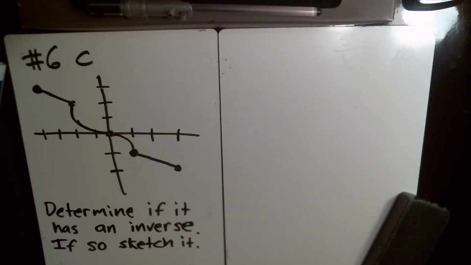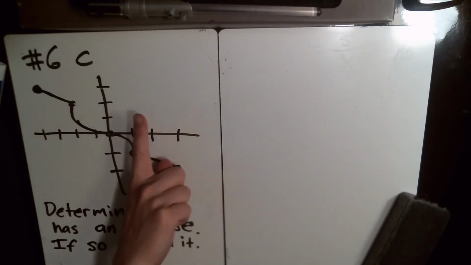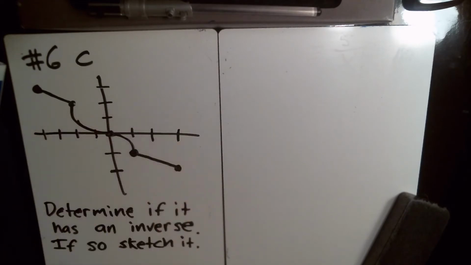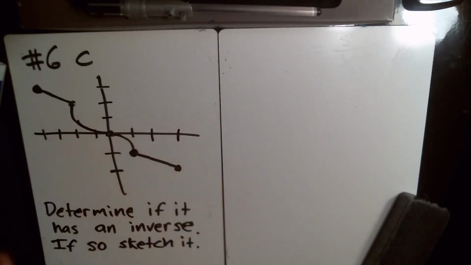Okay, well, to tell if a graph is a function, right, is the vertical line test, where we drop vertical lines down and see how many places it crosses. That tells us if it's a function. This is a function, right? Because it passes the vertical line test, but does it have an inverse function?